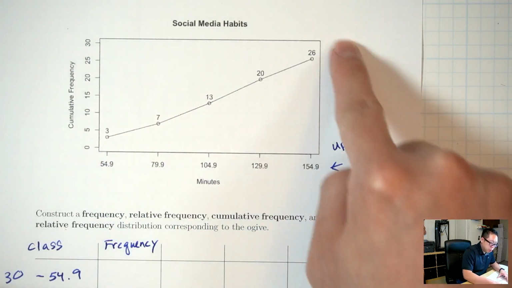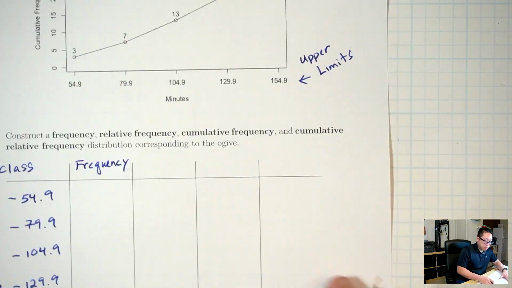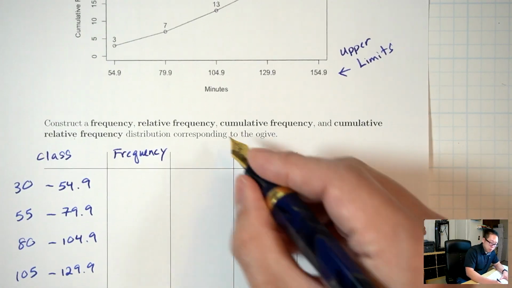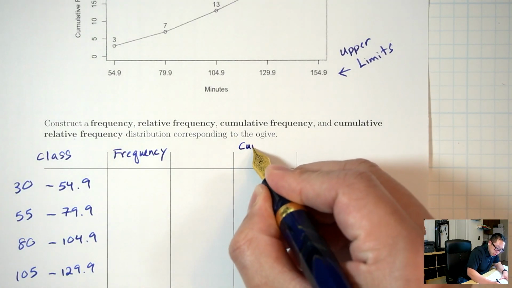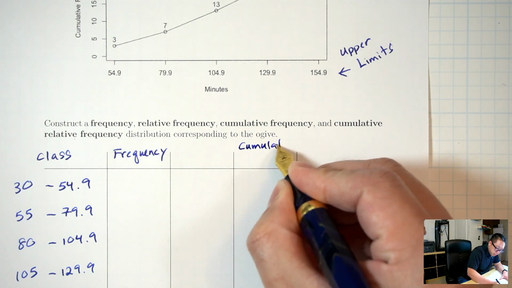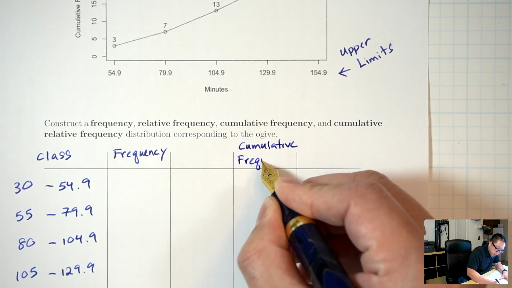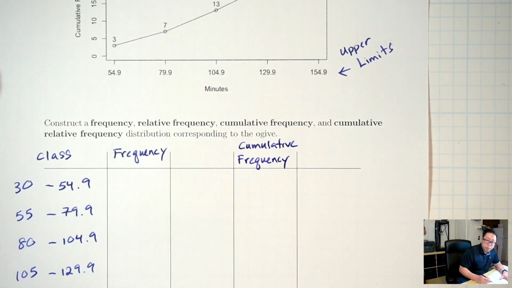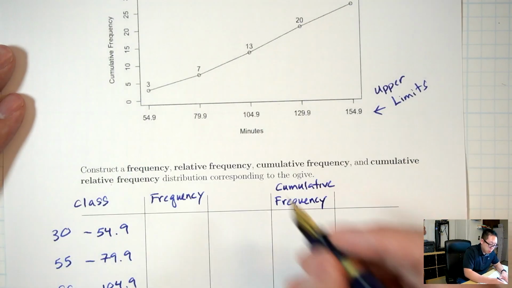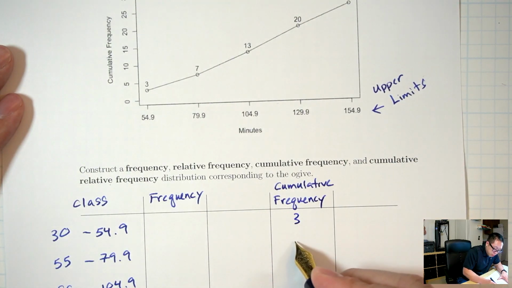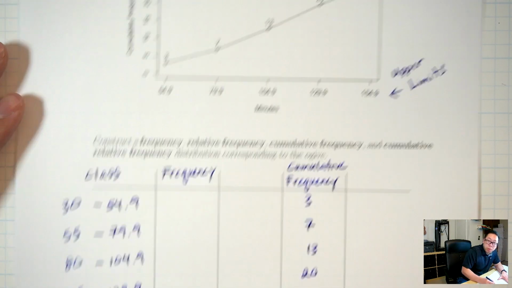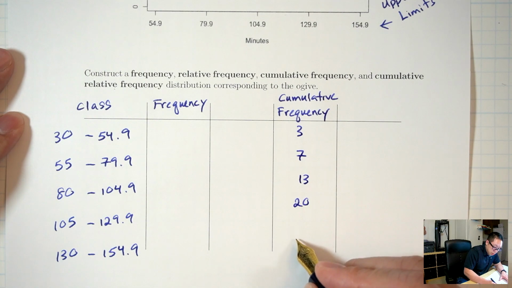So these numbers are actually the numbers that go in this third column, cumulative frequency. So the cumulative frequencies we know are 3, 7, 13, 20, and 26.